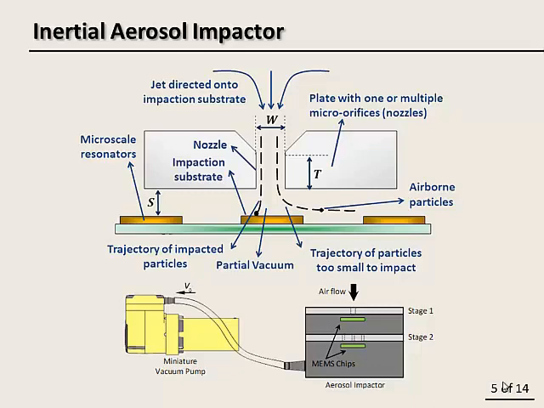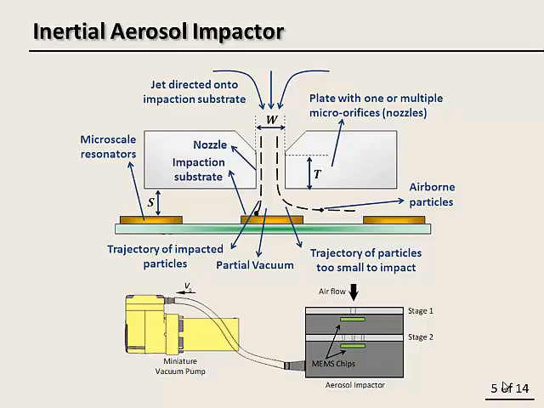To briefly explain how an inertial impactor works, we have this picture here. As you can see, particles with larger diameters will tend to stay in a straight line and will be collected on the impaction substrate, while the smaller particles will tend to remain airborne and go to the next stage.